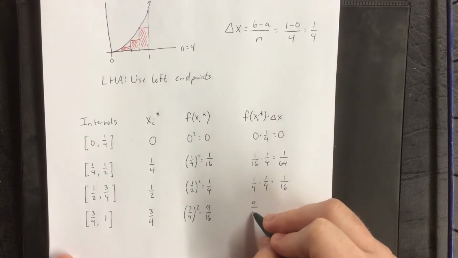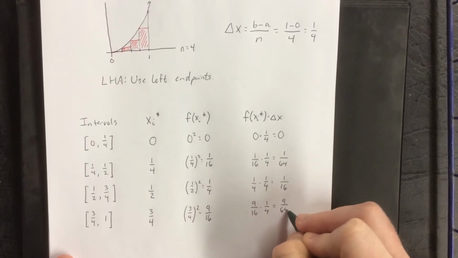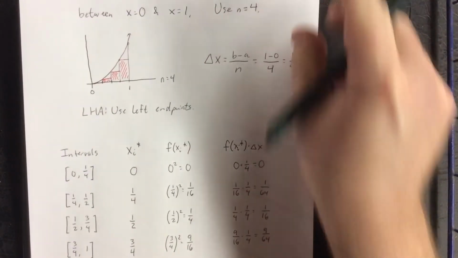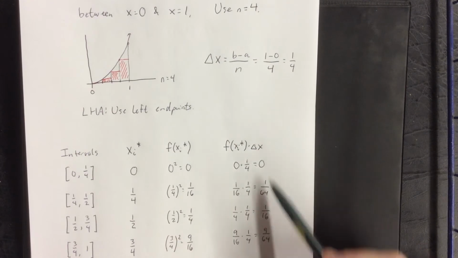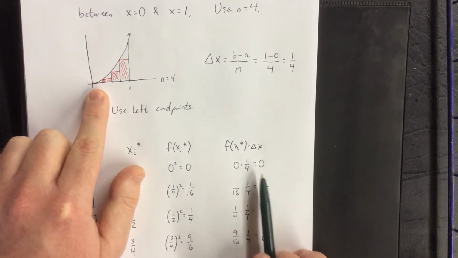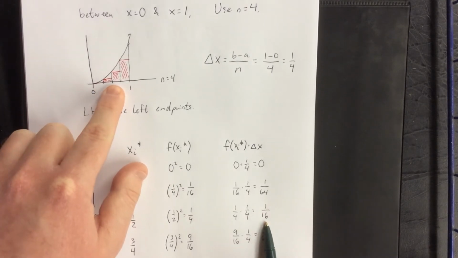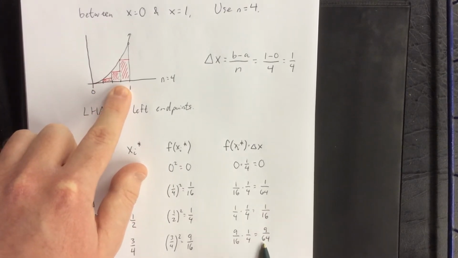And 9/16 times 1/4 gives us 9/64. These 4 numbers that we just calculated represent the area of the leftmost rectangle, the rectangle right next to that, the rectangle right next to that, and then the rectangle in our rightmost column.